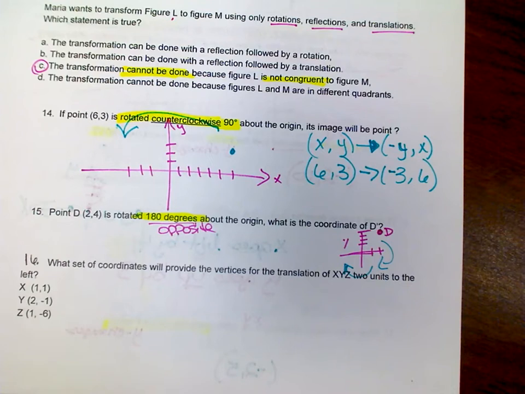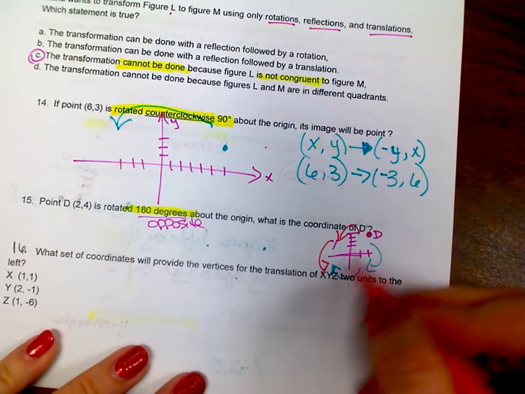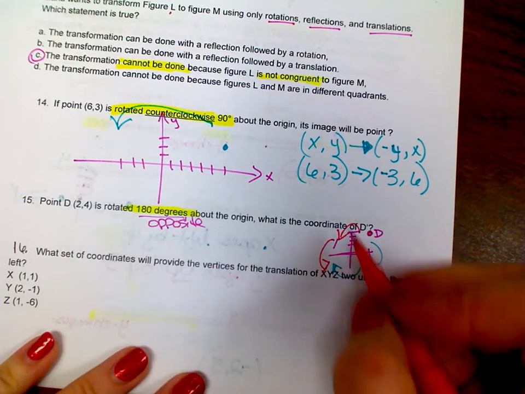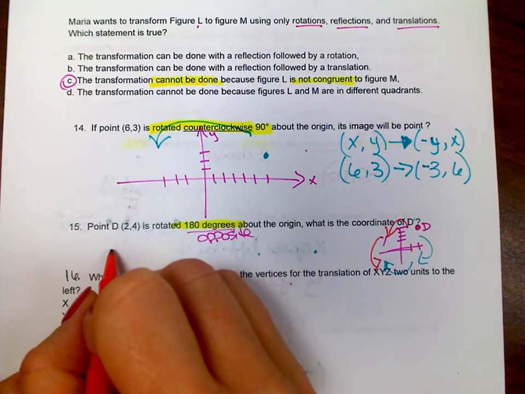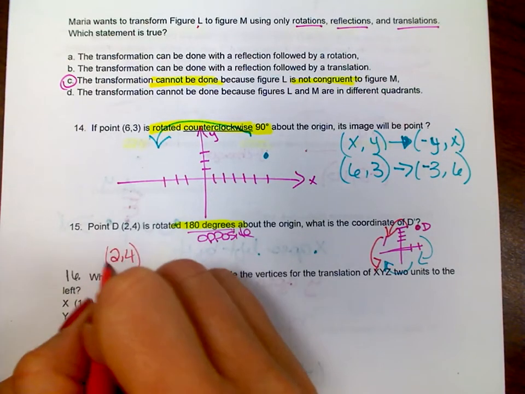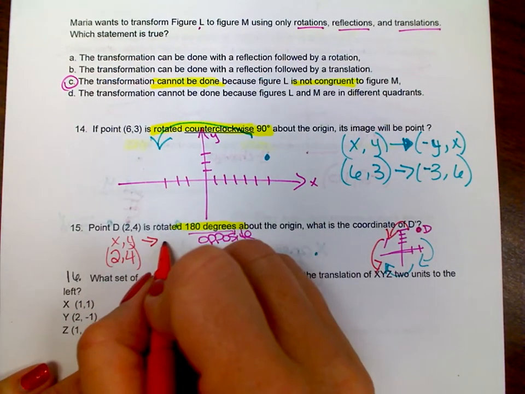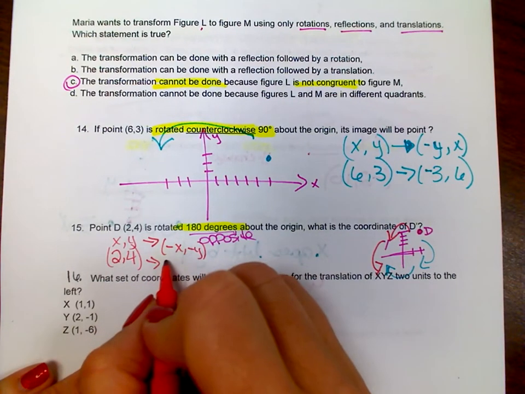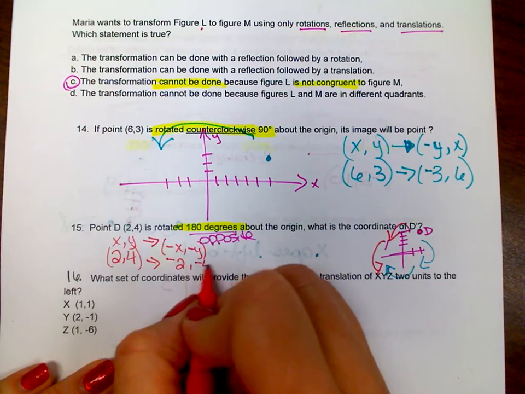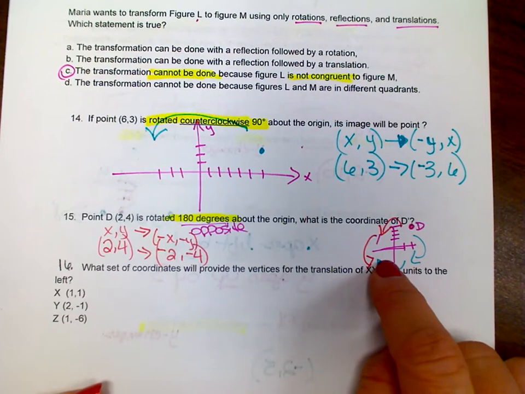If I went the other way, counterclockwise, it would be 90, 180. So it doesn't matter which way you rotate it, 180 degrees is always going to be the opposite. So opposite of 2, 4, x, y is going to be the opposite of x, opposite of y. So that would go to negative 2, negative 4. And that would give you, in this quadrant, opposite of D.